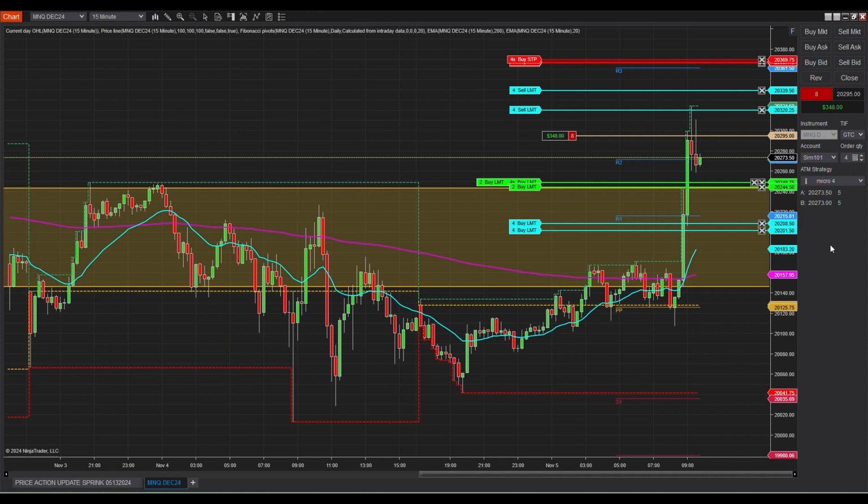So we've been in this trade for about 30 minutes, back to the IBR 15-minute high. Just gotta let this play out.